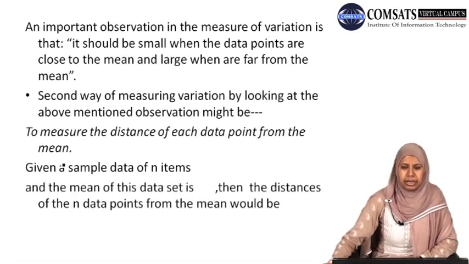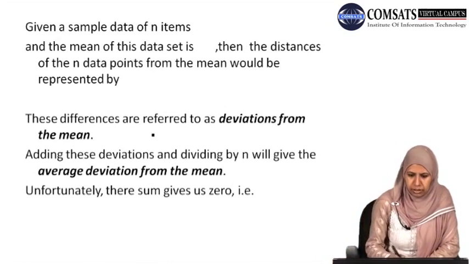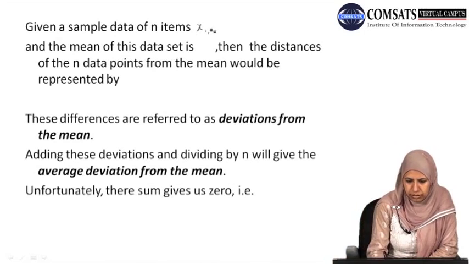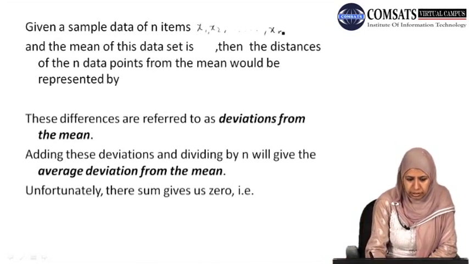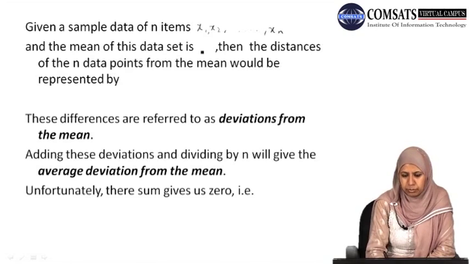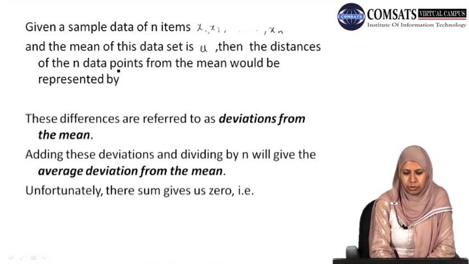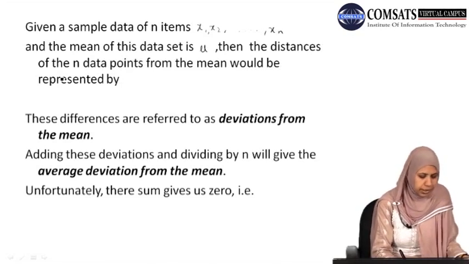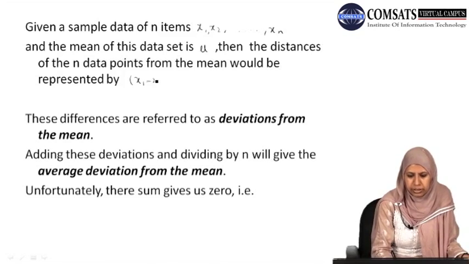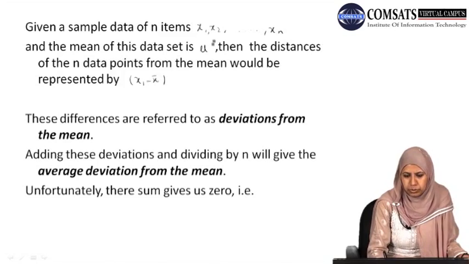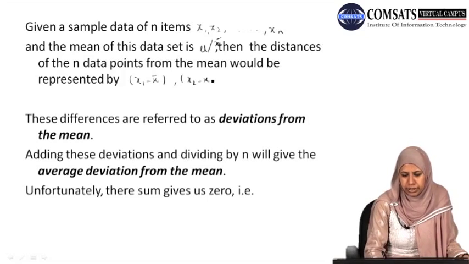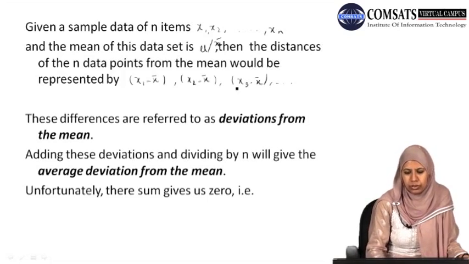So given a sample data of n items, that is x1, x2 and so on up to xn, and the mean of this data set is mu, then the distances of the n data points from the mean would be represented by x1 minus x bar or x1 minus mu, x2 minus x bar, x3 minus x bar, and so on up to xn minus x bar.